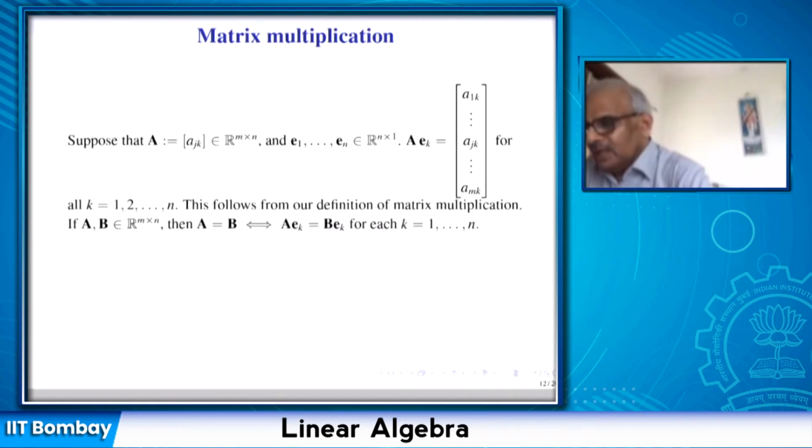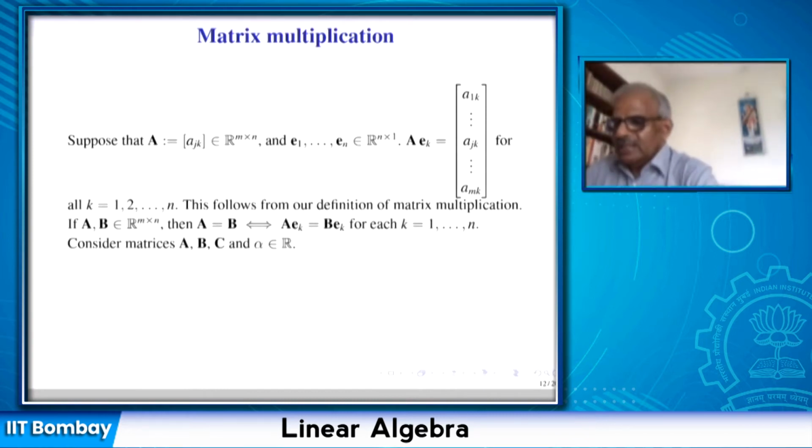Okay. So if I have two such quantities whose action on these basic column vectors is the same, then these two matrices are one and the same. So A equals B if and only if the action of A on the kth basic column vector Ek is the same as the action of B on the kth basic column vector Ek.